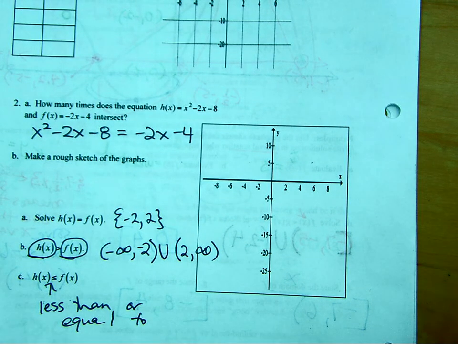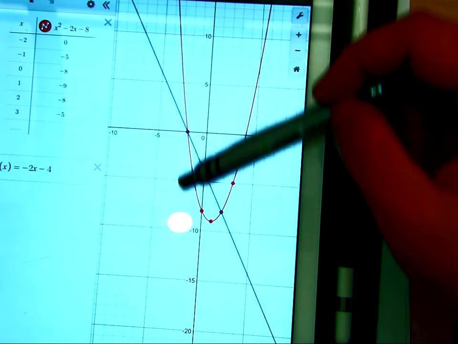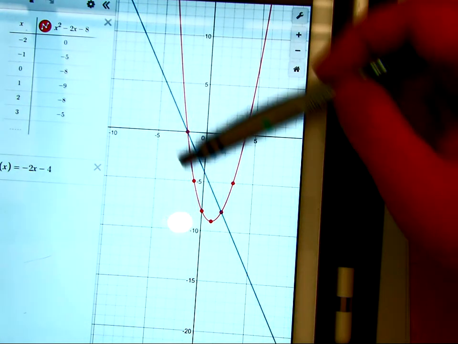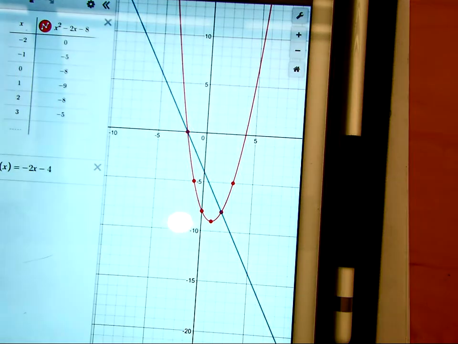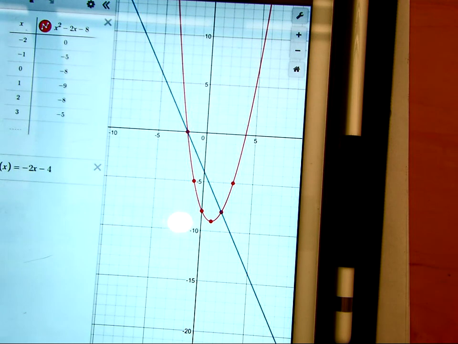So if I look back here, remember that my parabola was h of x. My line is f of x. And I could have, by the way, typed that in originally. I could have written h of x equals. It would accept that either way. So when does the parabola go below the line?